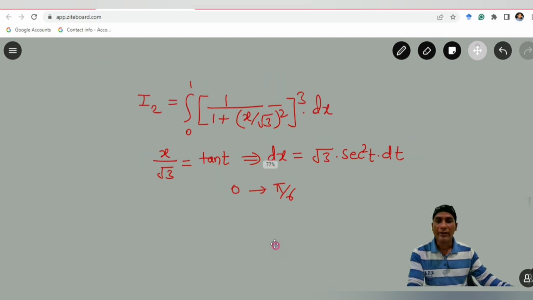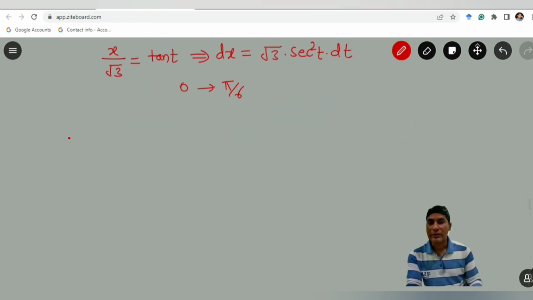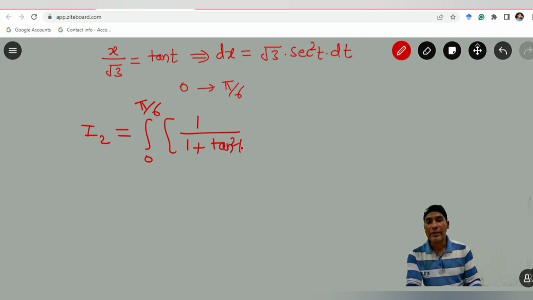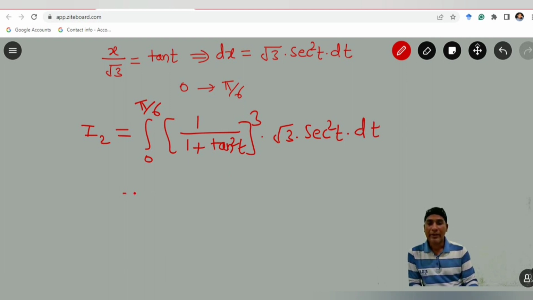So we rewrite I2. I2 is equal to the integral over 0 to pi over 6 of the cube of 1 over 1 plus tan square t, into square root of 3 into sec square t dt. Then after simplifying, it becomes square root of 3 into the integral over 0 to pi over 6 of cos t to the power 4 dt.